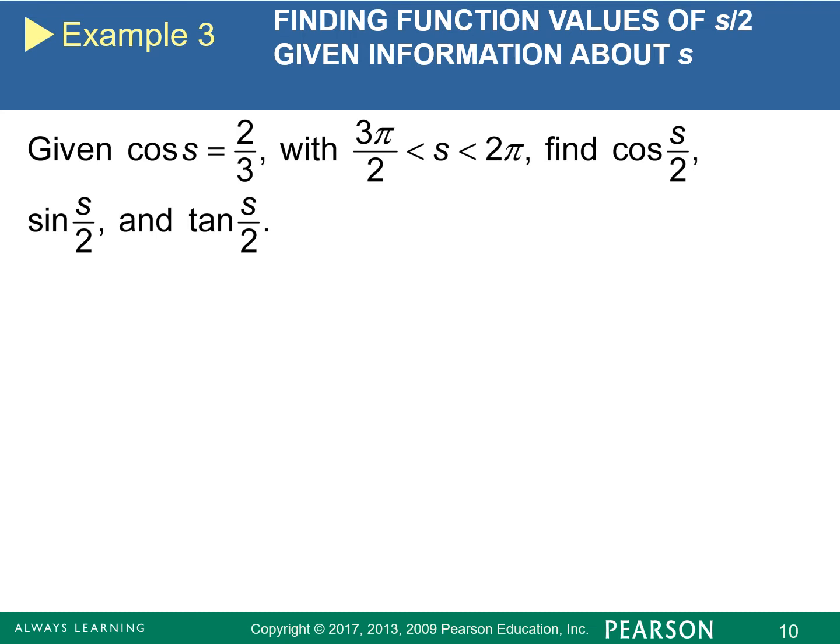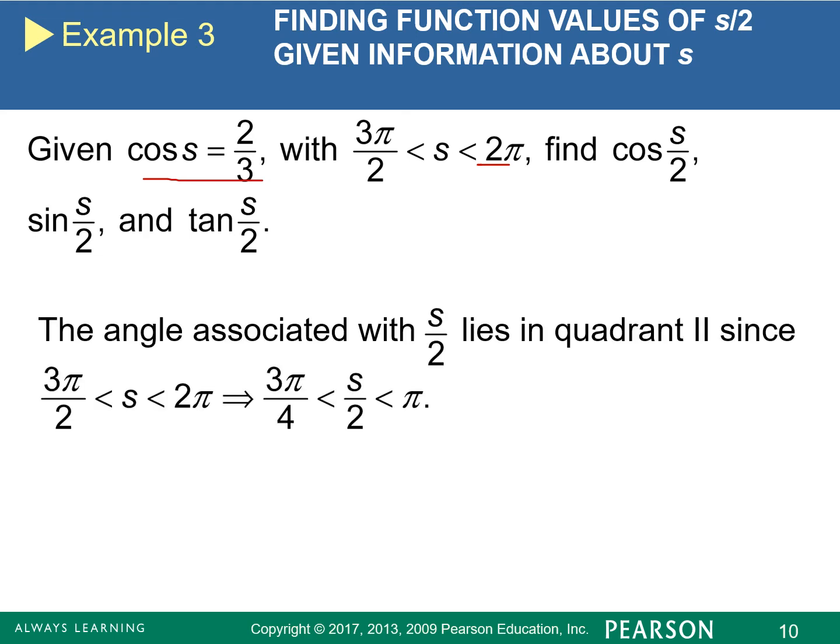Now suppose I want to find cosine of s over 2, sine of s over 2, and tangent of s over 2 if cosine of s is 2/3 and s is in quadrant 4, between 3 pi over 2 and 2 pi.